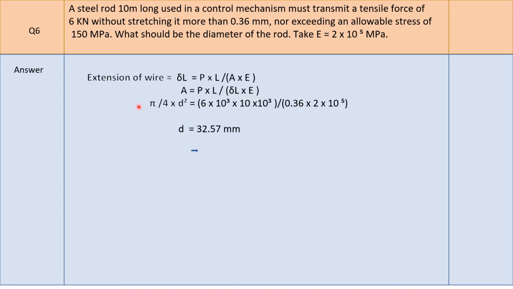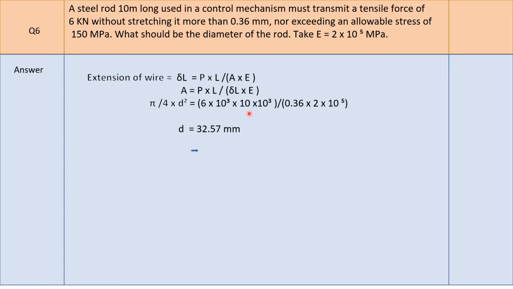Now for A we substitute it as pi by 4 d square is equal to, substitute the value of P. P given is 6 kilonewton. Convert it into Newton, so it will become 6 into 10 raised to 3. Length of the rod is 10 meter.